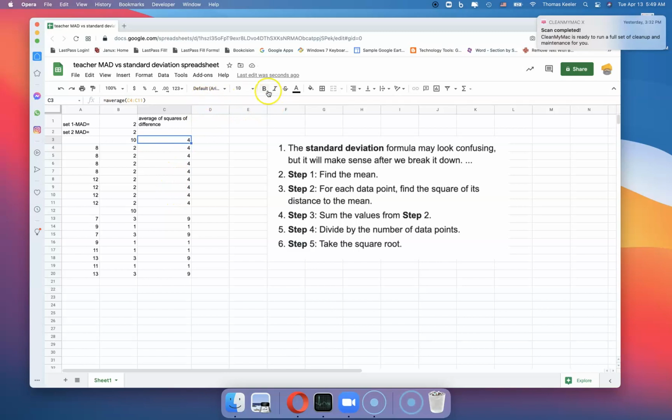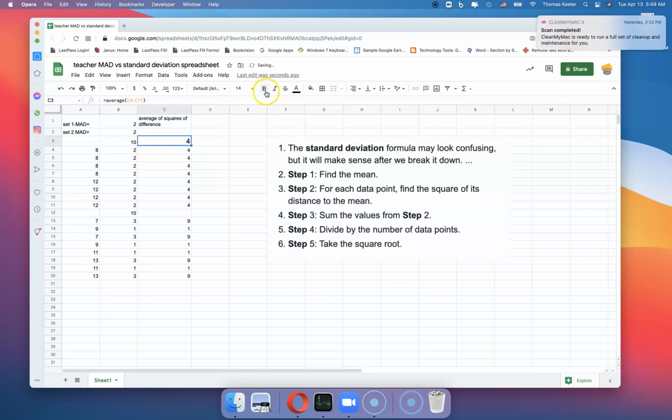And make this a little bigger. Then how about this one? He's going to equal the average of these. Is that going to be 4?